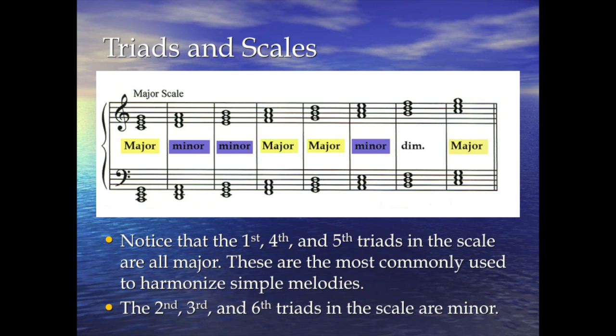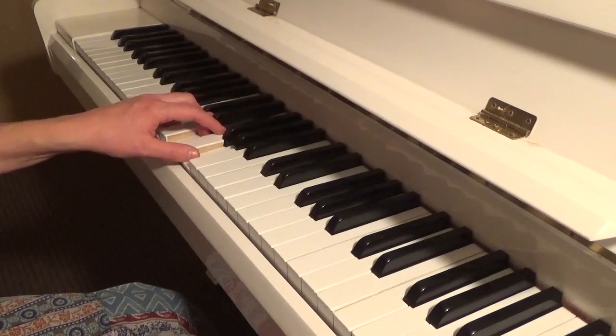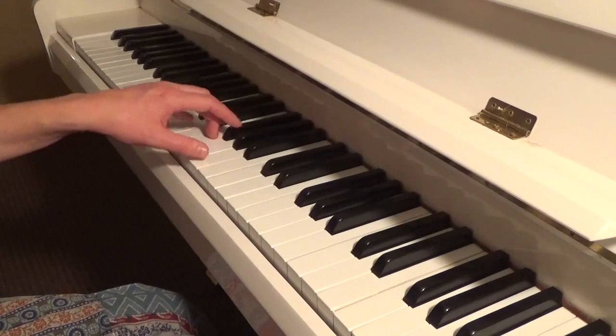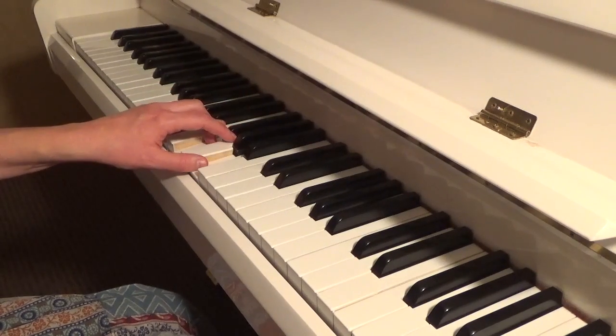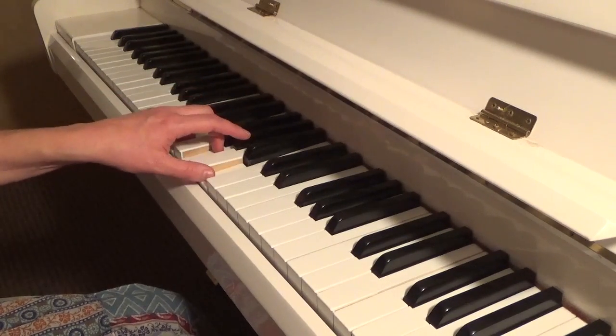Okay, let's talk about triads and scales. So let's go through and see what kinds of triads we get built on each note in the scale. So for a C major scale, all white keys, easy to look at. The first note in the scale, the C chord, major. Minor for the second chord. Minor for the third.